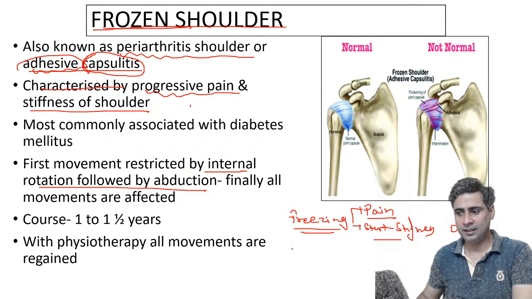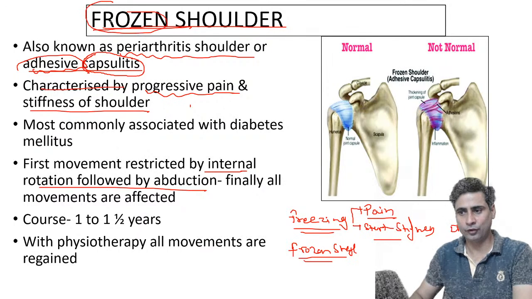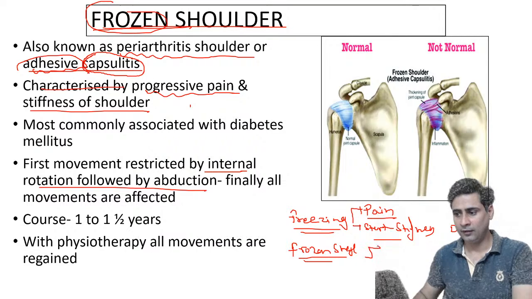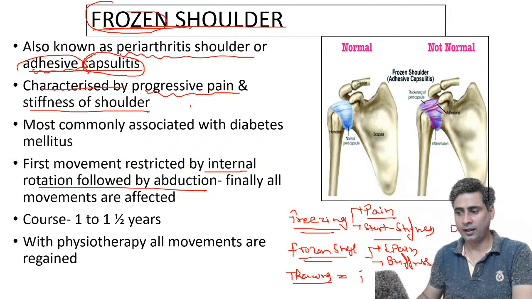The next stage is frozen stage. So this is the typical stage, name given frozen shoulder. This is a frozen stage where pain decreases and there is increased stiffness. All movements are restricted. And the final stage is thawing, where there is gradual regaining of all movement.